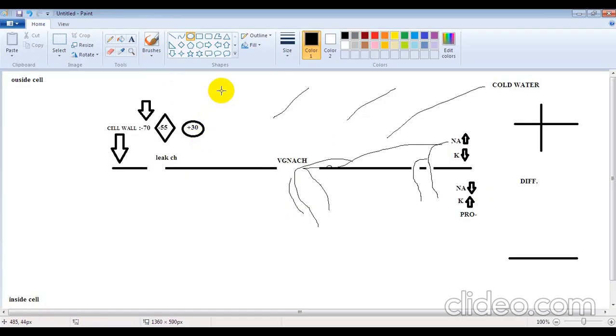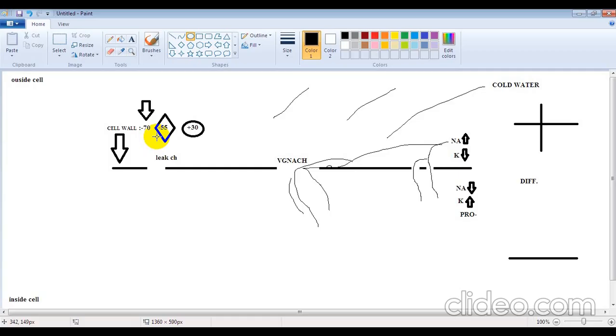Let's just give a quick review of what we said. At first, an external stimulus, cold water, opens a mechanically gated channel. A small amount of sodium enters. We can consider this amount as a spark, raising the membrane potential from -70 to -55.